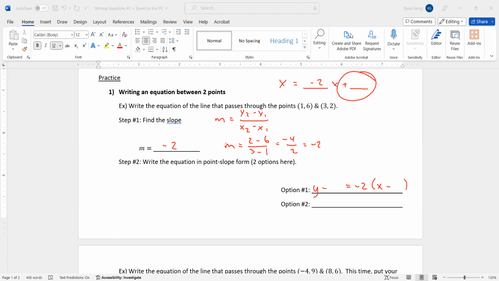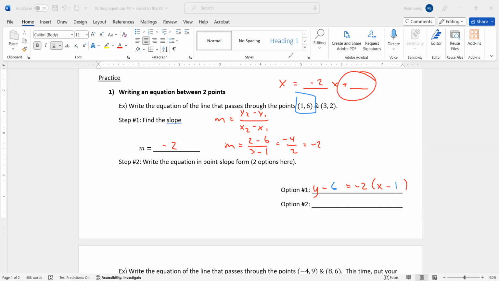That's on purpose. I'm going to choose the first point, 1, 6. The y value goes with y. So the y value is 6, so I'm going to put a 6 here. The x value goes with x, so 1 goes here. And there's your first answer. Y minus 6 equals -2, x minus 1.